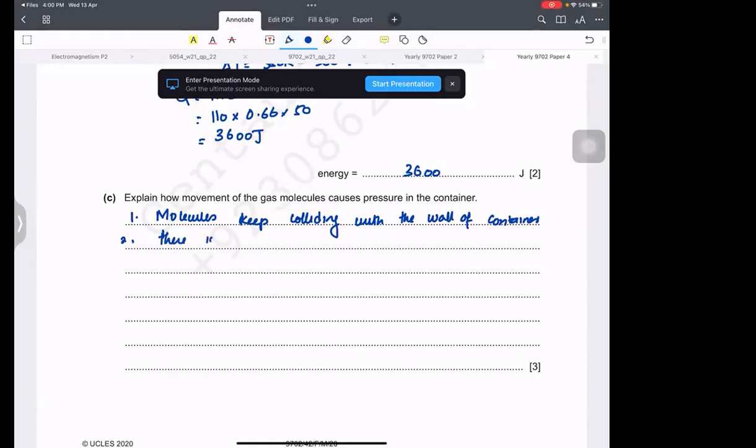There is a change in momentum. Force is exerted due to rate of change of momentum.